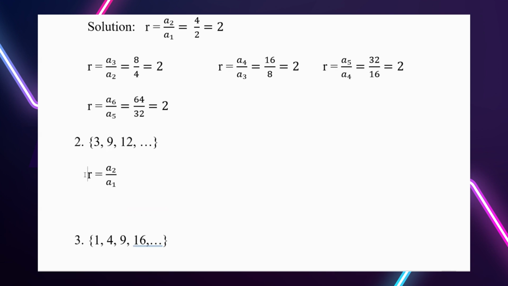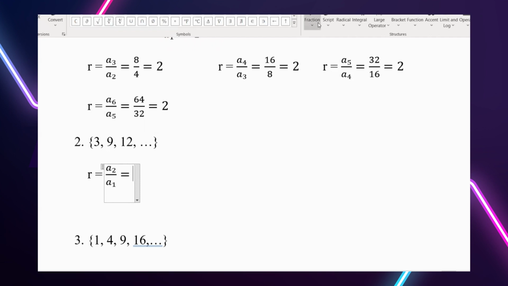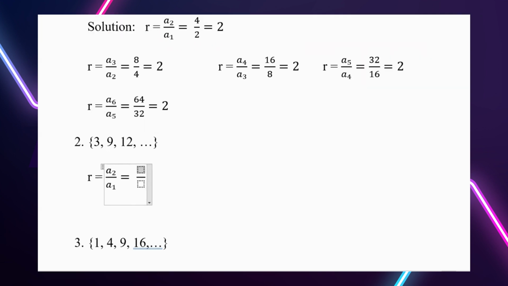Following the formula in finding the common ratio, common ratio is equal to a sub 2 divided by a sub 1. So, ang value ng a sub 2 natin ay positive 9, correct? Ang value ng a sub 1 natin ay 3. So, 9 divided by 3 is equal to 3.